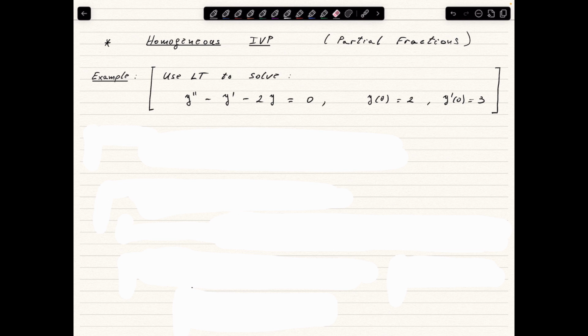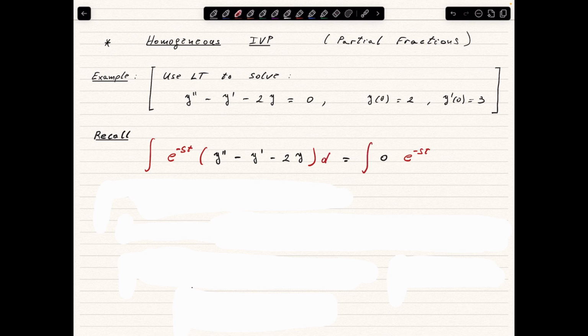So what we are actually doing when we use Laplace transforms to solve an equation like this one is multiplying the whole equation, both sides, by a function we have chosen to be exponential negative st. Then we are integrating both sides of the equation with respect to the same variable, t, the independent variable in the equation.